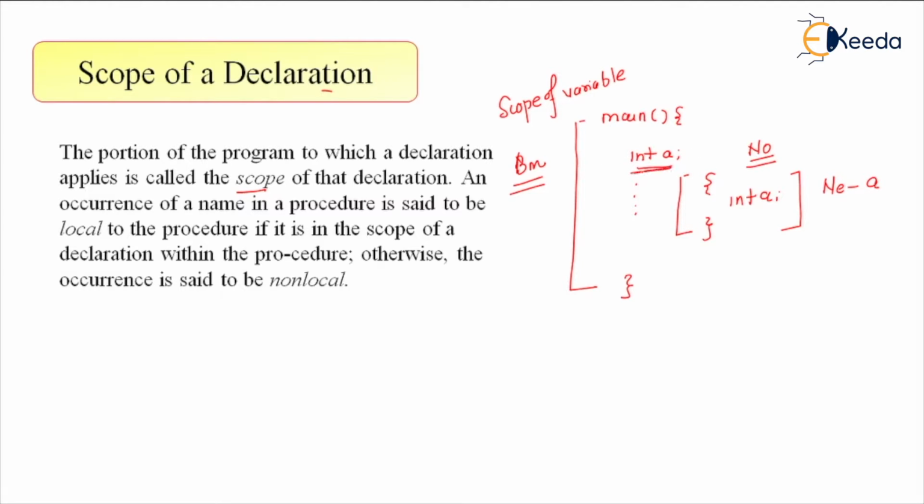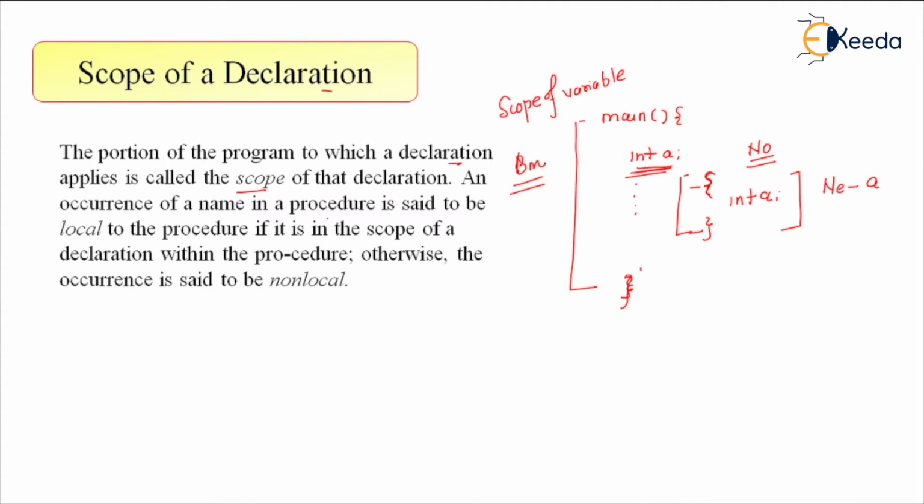The scope of a is outside of the nested opening bracket and inside the closing bracket, but not within the nested block. The portion of the program in which a declaration is applied is called the scope of the declaration.